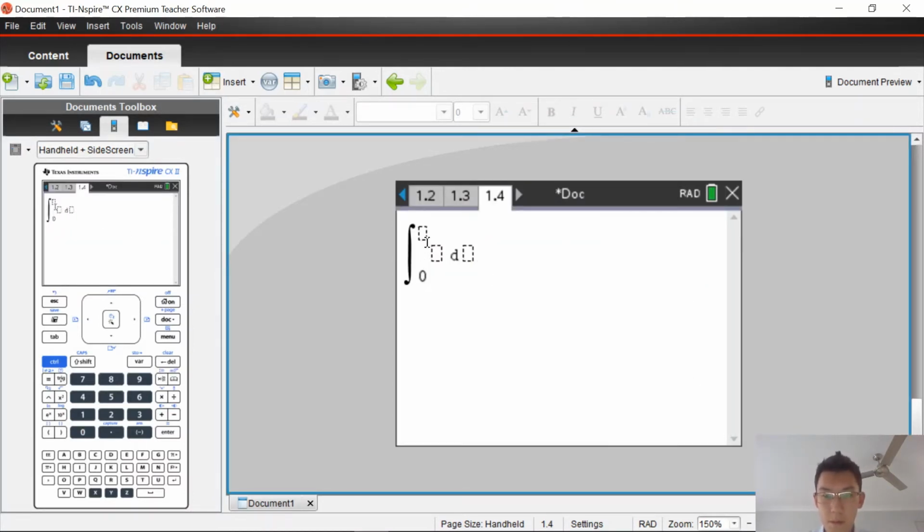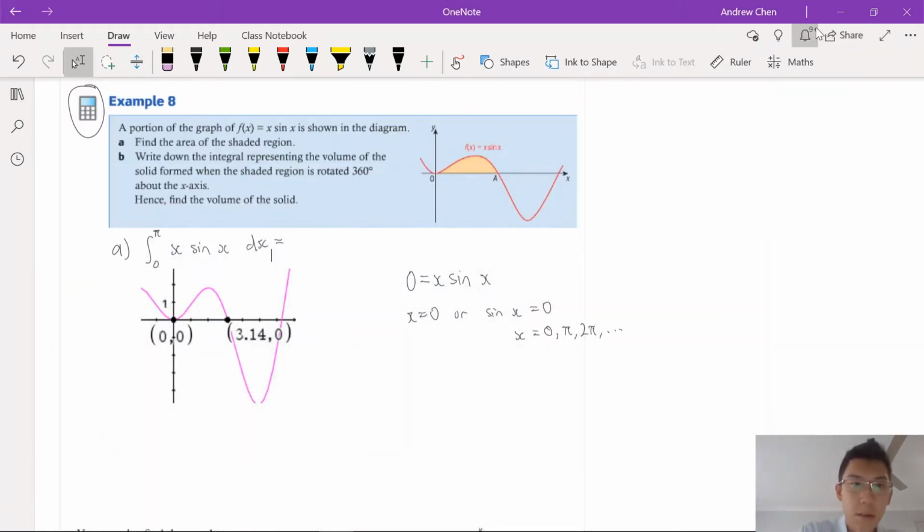From 0 to pi x times sine x with respect to x, okay, which happens to be pi. So there's our area, and we don't know what the units are, so let's write units squared.